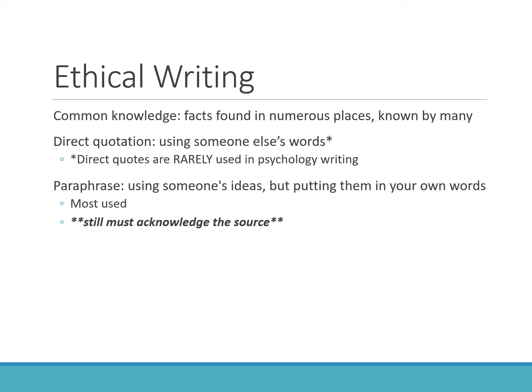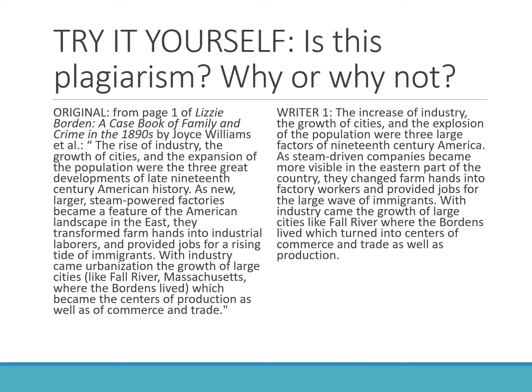But in order to make sure that that paraphrasing is not plagiarism, you still have to acknowledge the source. So in psychology, most of the time when we're talking about someone else's work, we describe their work in our own words, but we still cite them to give them credit.